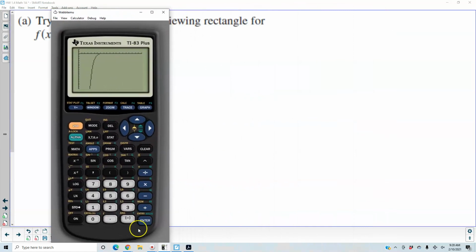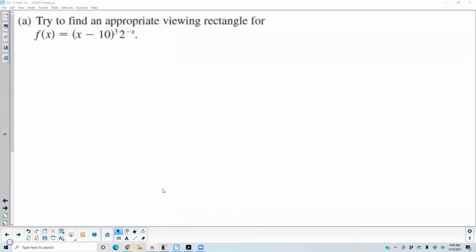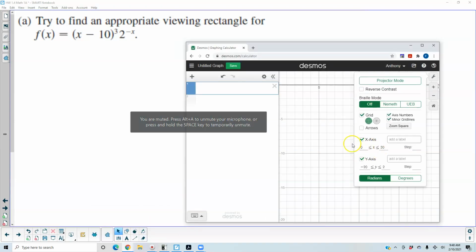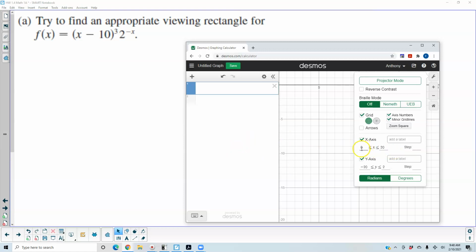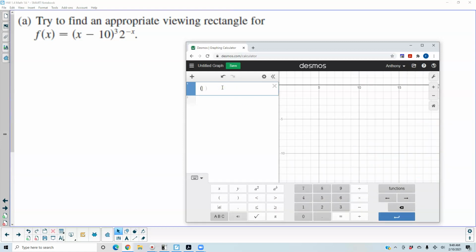Let's look at it on Desmos. On Desmos, we can put in our window rectangles, so from 0 to 20, negative 20 to 2. Let's go ahead and put in our function, x minus 10, and that is cubed, times 2 to the negative x.